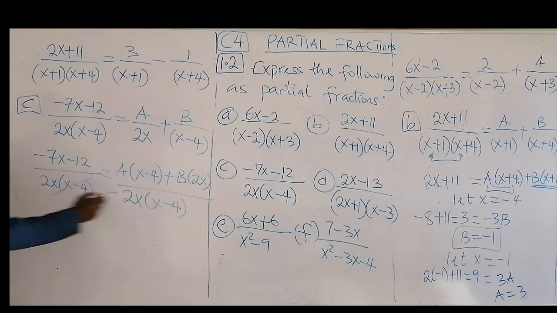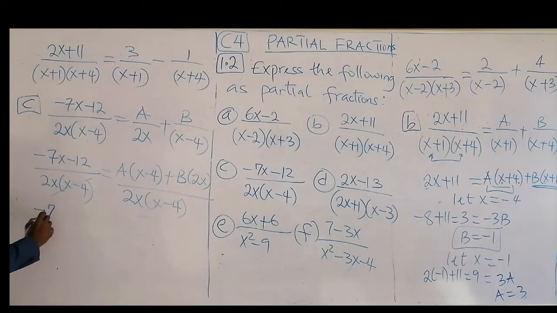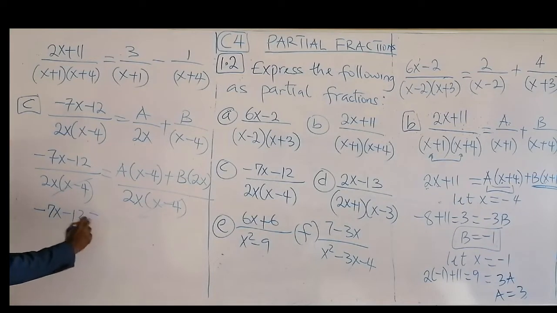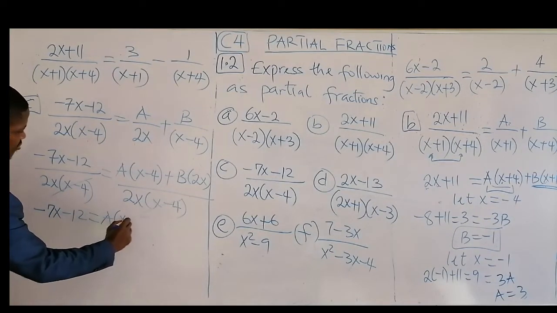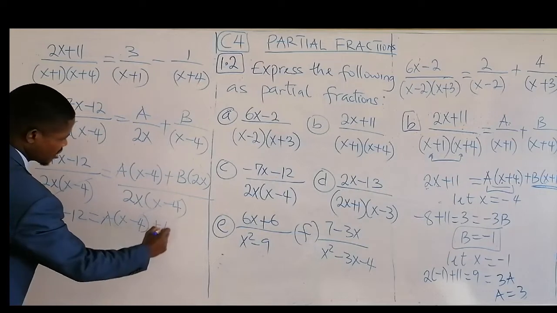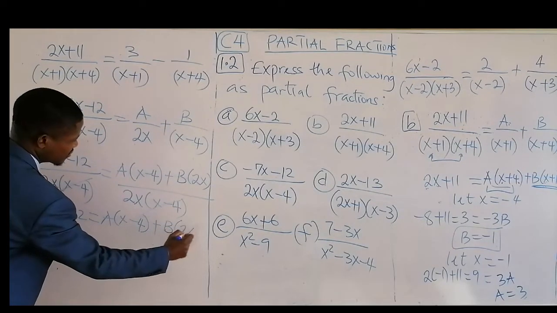So this and this we cancel, so equate the numerator. So we now have this 12 equal to a into bracket x minus 4 plus b times 2x.